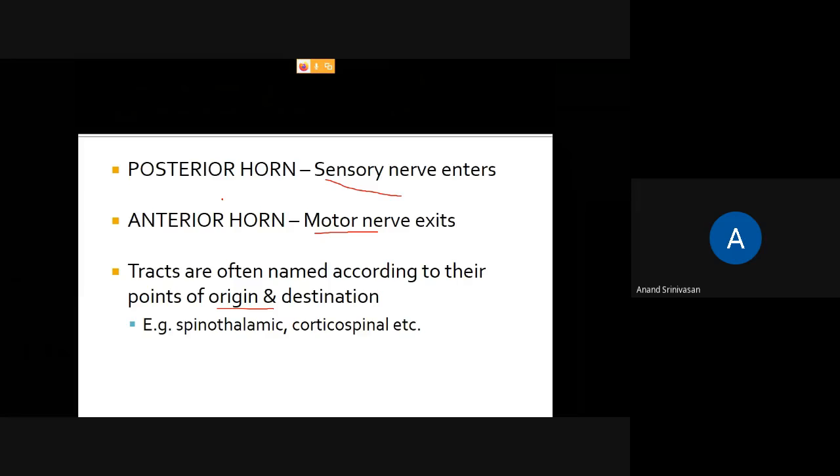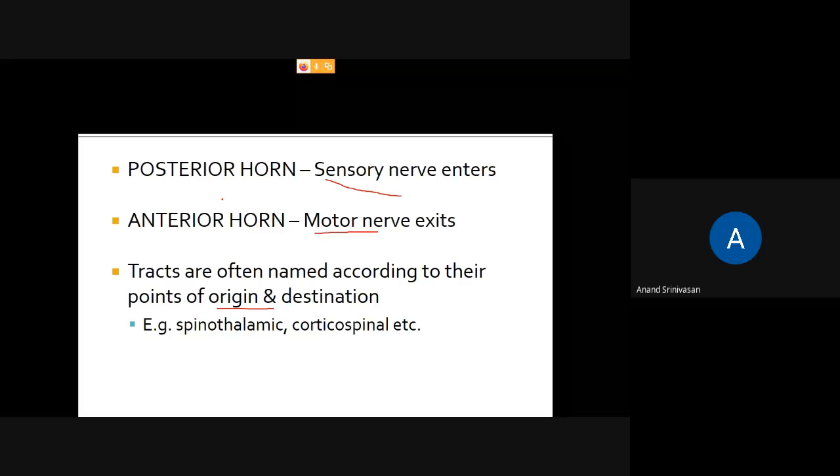So the tracts are nothing but a group of neurons which carry the same function, starting from one point and ending at a different point. They are named after the place where they start and end.